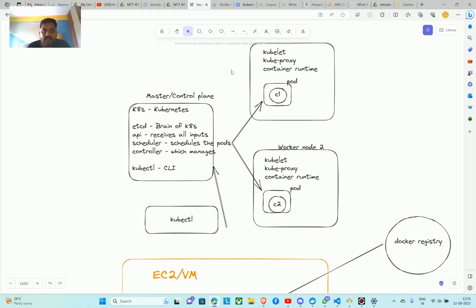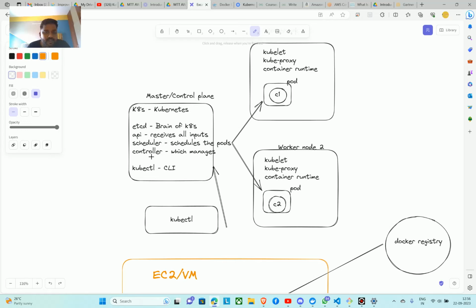So this guy here, the API server is the main one, like a receptionist. If someone asks me what the API server is, he is like a receptionist. Any communication in the cluster happens through this API server, and this API server communicates with all the other components of master and worker nodes.